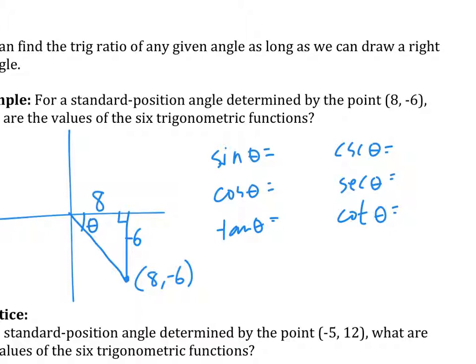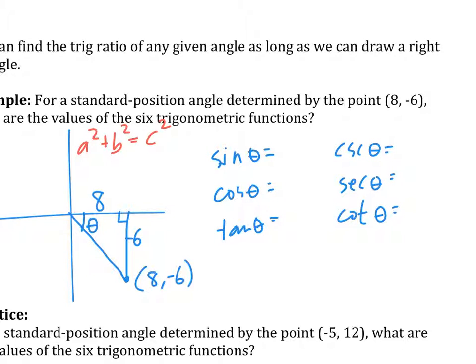All right, let's do sine first. Sine is what side over what side? Opposite over hypotenuse. So from this angle, opposite over, oh no, I don't have a hypotenuse. What should I do? Yes, Pythagorean theorem. A squared plus B squared equals C squared. So we have to find the hypotenuse using the right triangle.